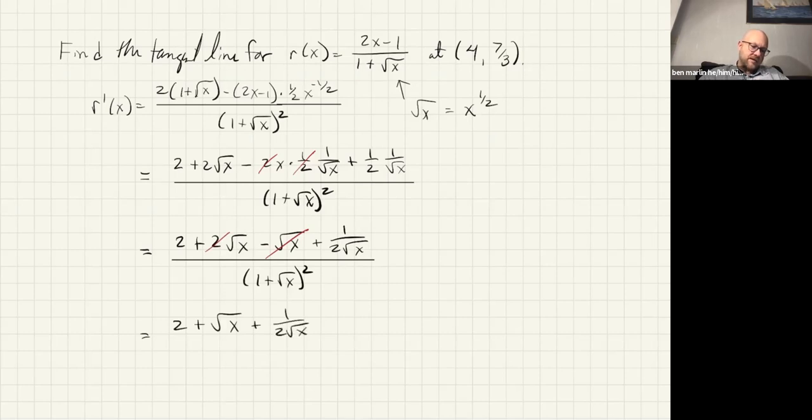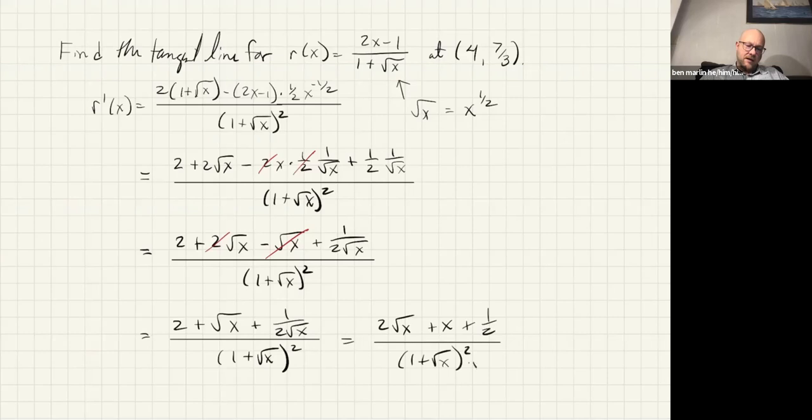If you don't like the way that looks, then you could multiply the top and bottom by the square root of x and have 2 square roots of x plus 1/2, whole divided by 1 plus the square root of x squared times the square root of x, I guess.